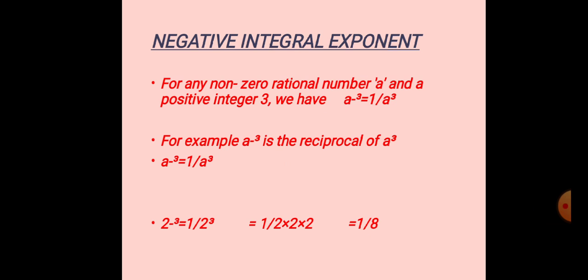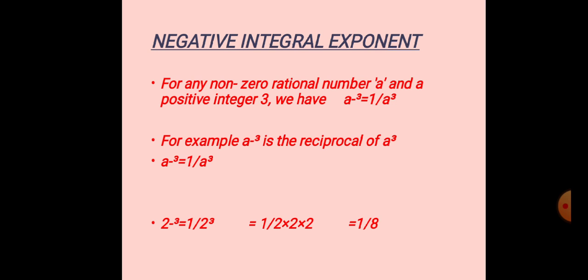Now in this chapter, if a power is negative, it is very difficult to write the power in negative and calculate it. So that's why we will reciprocal it, and I can write 1 upon a raised to the power 3. If suppose a raised to the power minus 3, how can I write it?